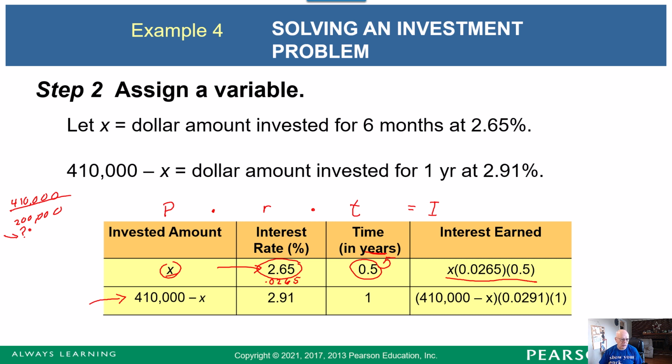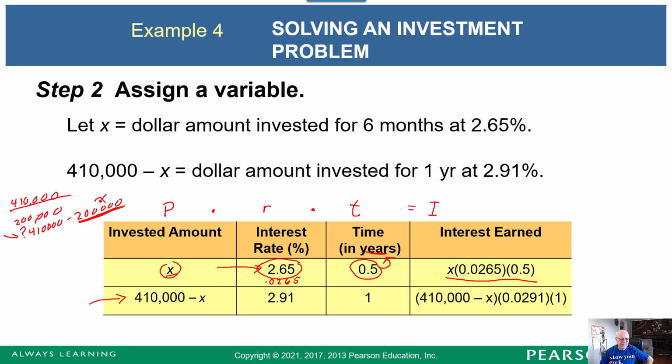So we're going to write that. This is what we would do to solve the problem if these were the numbers. Now, here's the key. This is how we would do it if it were $200,000 for one of them. This is how we'd get it. But we made up this part right here. It's not really that.